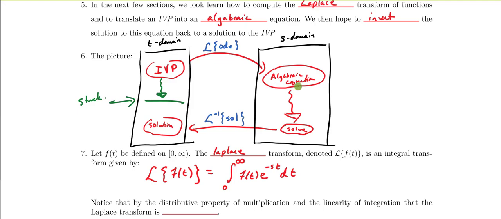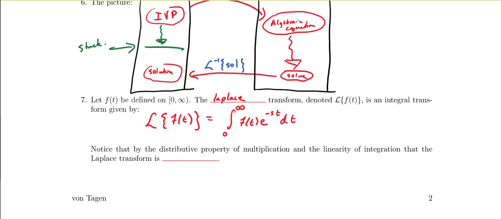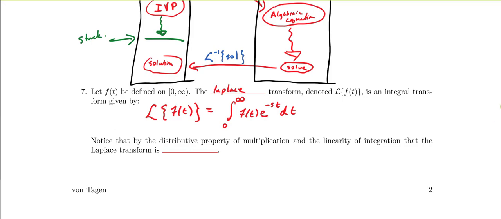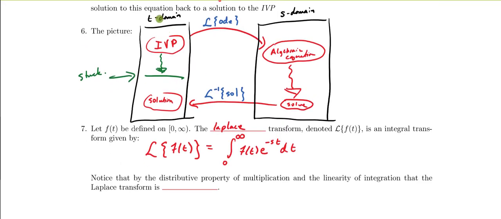That will give us an equation that we solve, and then we invert back to get to the solution. And so the Laplace transform, the mapping that takes us from the time domain to the s domain, is this calculation right here. Notice that when we integrate with respect to time, our solution will only have the variable s in it after we're done integrating with respect to time and then evaluating the limits of those integrations.